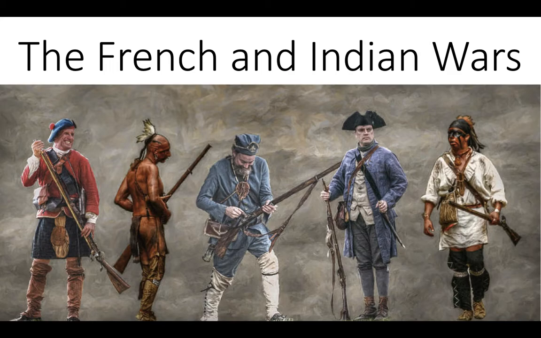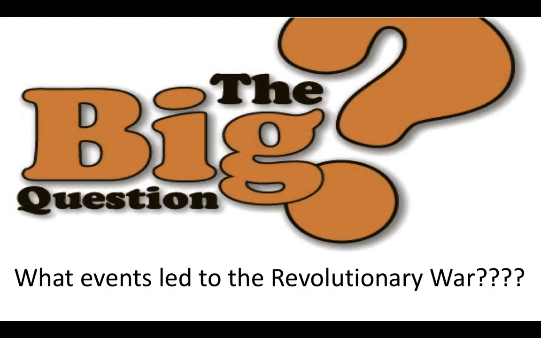The Revolutionary War doesn't start until the 1770s. So they're not even thinking about having a revolution right now, right? That's not even in their brain quite yet, most people. But the things that are happening now are going to lead to that occurring. So that's why we have this in our brain. That's the big question: what events led to the Revolutionary War?